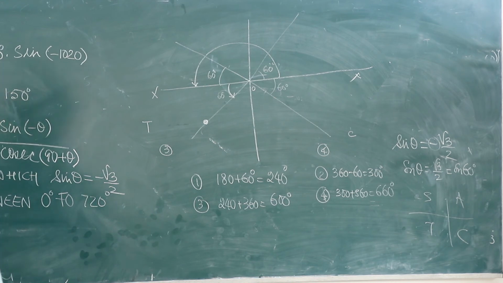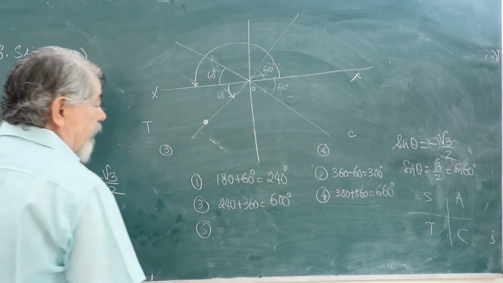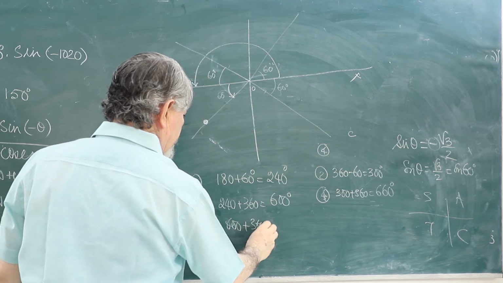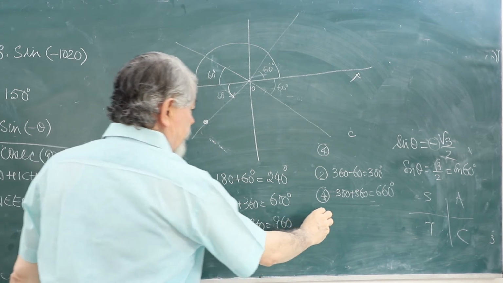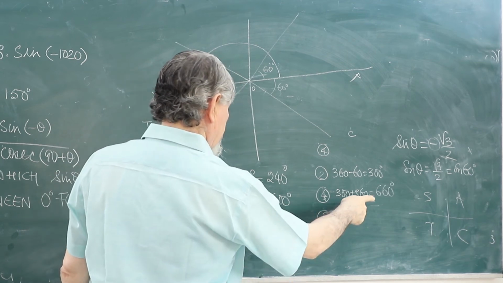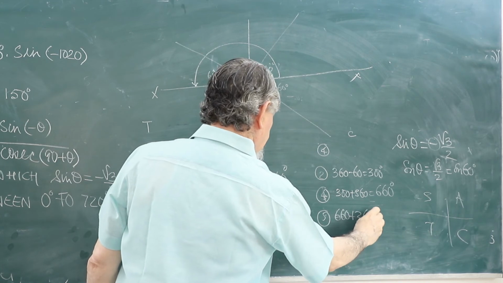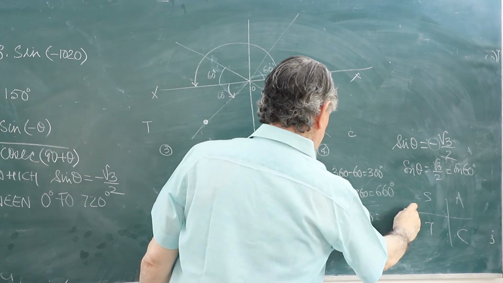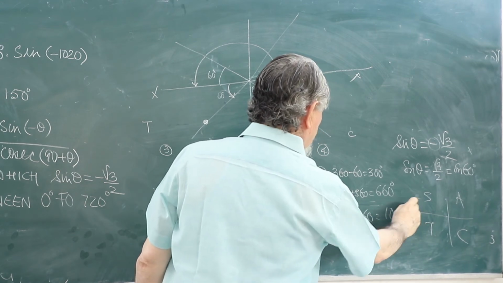He wants how many angles? Find 6 angles. 4 I have got. Now 5. Again, 600, you add 360, you will get 960. For 660, if you add 360, what will you get? 1020.